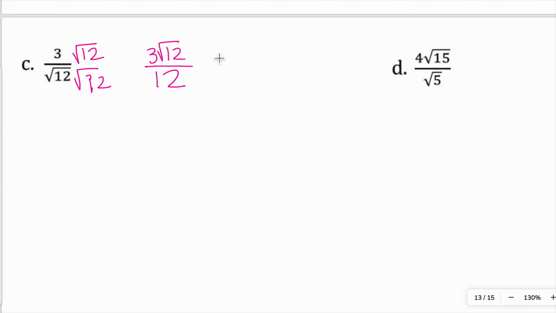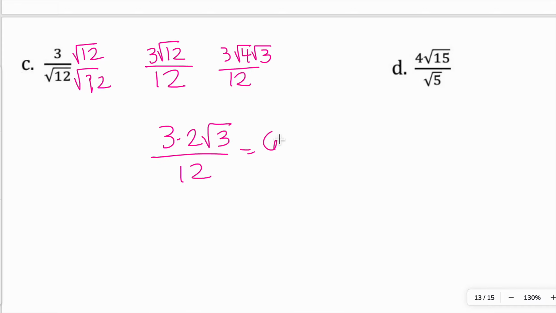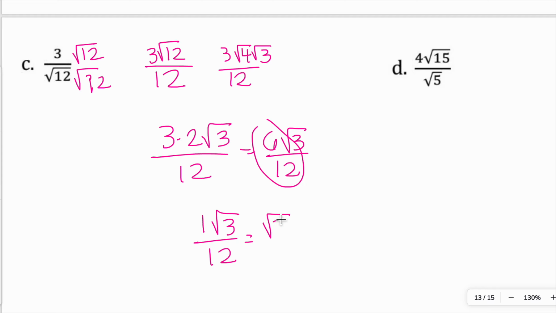I can break down 12 into 4 times 3. So then I have 3 times 2 square root 3 over 12, which would be 6 square root 3 over 12. And remember, 6 and 12 can be reduced to 1 square root 3 over 12. You could even just say square root 3 over 12 because there's that imaginary 1 hanging out in the front.